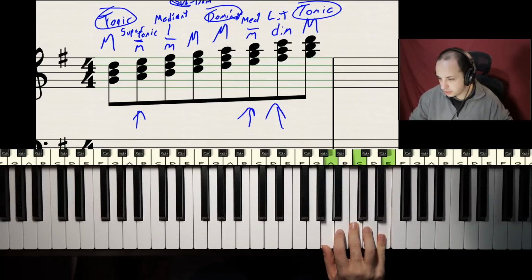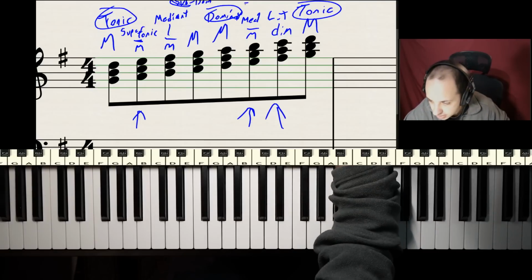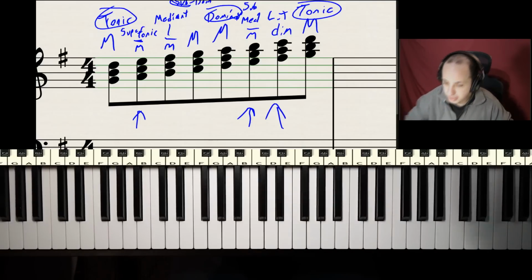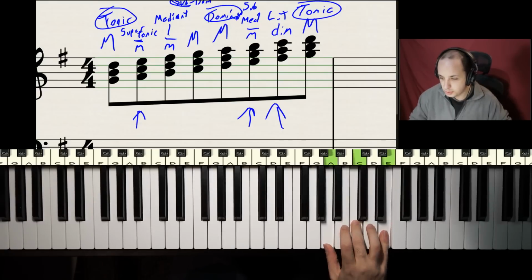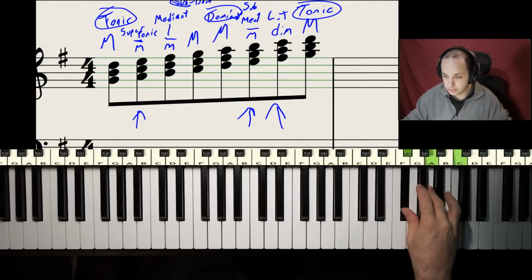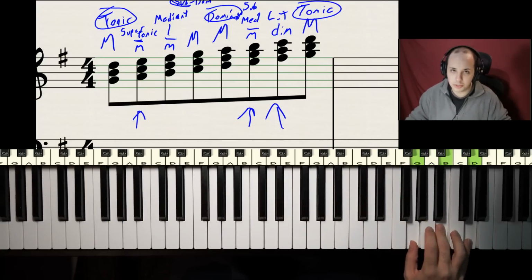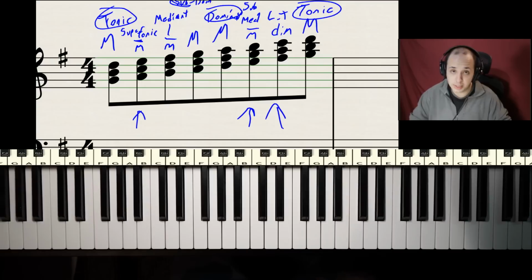Oh, by the way, this one is the submediant. I should have written sub up here. So here we go. Anyway, we're going to the super tonic, to the submediant, to the leading tone. Not really pleasing, right? And by the way, the leading tone chord almost always leads you back to the tonic. Not 100% of the time, but probably like 97.9% of the time.